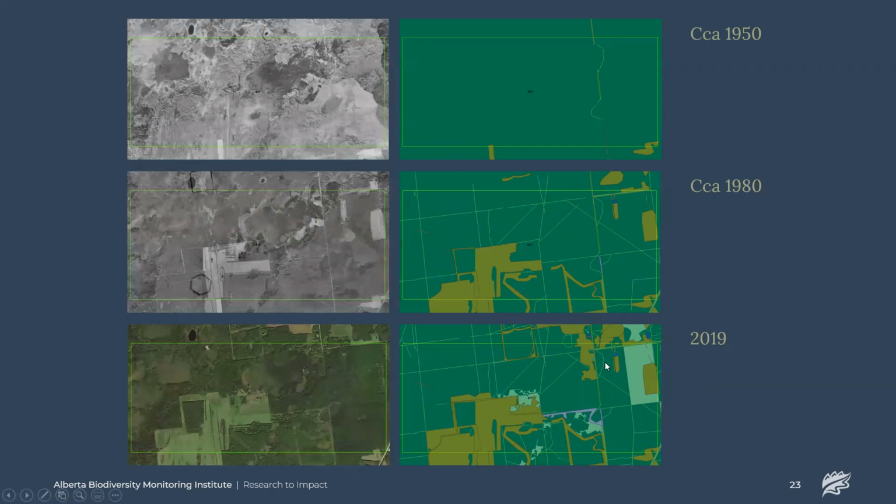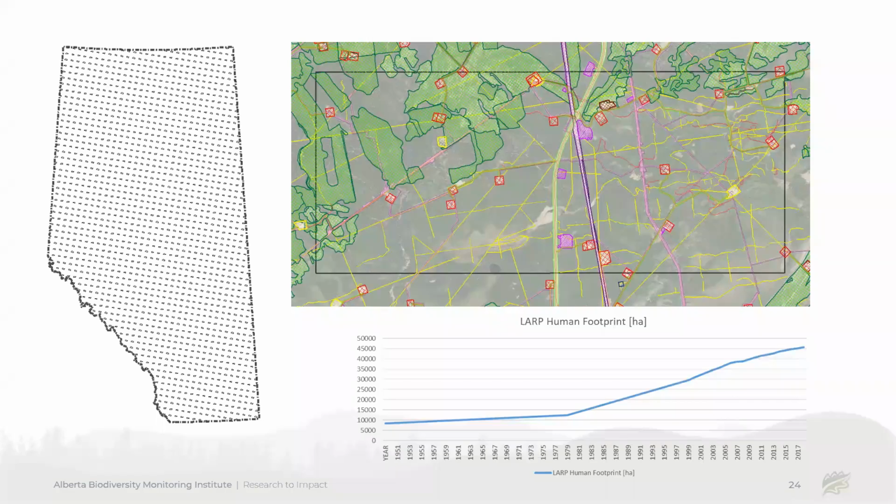Each of those polygons within the rectangle was attributed with year of origin. The distribution is complete, with a regular spacing for the entire province. So even if a seismic line is outside of this rectangle, we do not know its year of origin. Within the rectangle itself, we do know that year of origin.